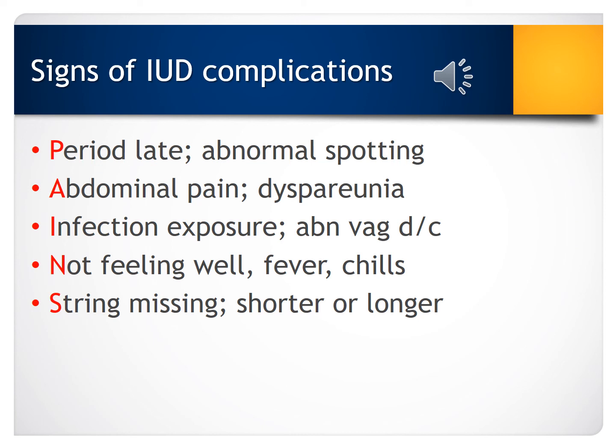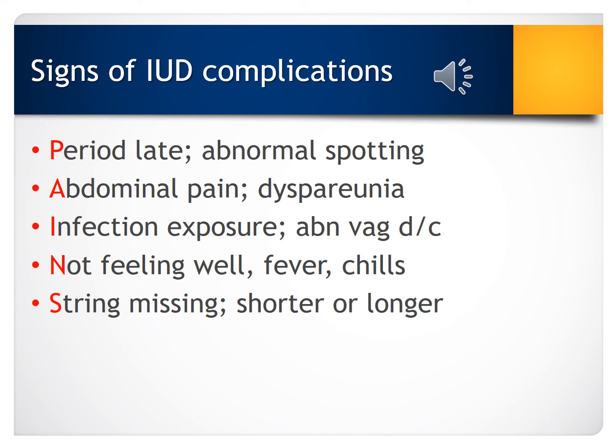If she's having severe abdominal pain, if she's having painful intercourse, which is dyspareunia, if she's been exposed to any type of infection, so any sexually transmitted infection, chlamydia, gonorrhea, BV, any of those things, she should notify her provider.